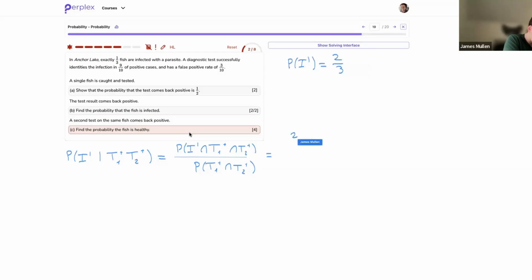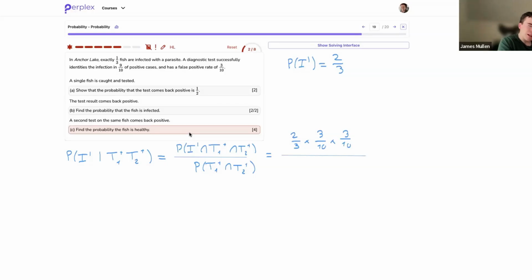Okay, so it's going to be 2 out of 3 probability of not being infected, then times the probability of testing positive given the fish is not infected, which is 3 out of 10, and times that again because there's a second positive test result. We're assuming in this case that the test results are independent, which is to say that there was no error in the test that was due to anything special about the fish. It was just random error, which is something you should do in the IB unless you're told otherwise.